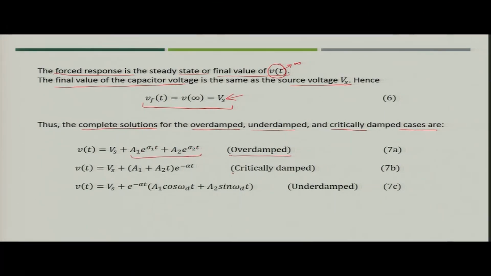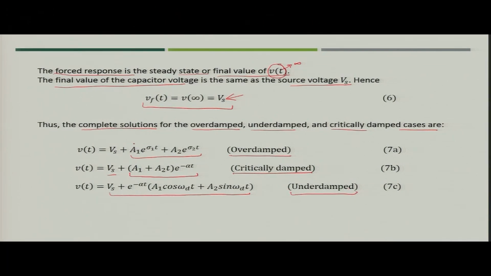In case of critically damped, you have to just write Vs plus (A1 plus A2 t) into e to the power minus alpha t. For underdamped case, you will write Vs plus e to the power minus alpha t into (A1 cos omega_d t plus A2 sin omega_d t). So, this would be in case of underdamped case.